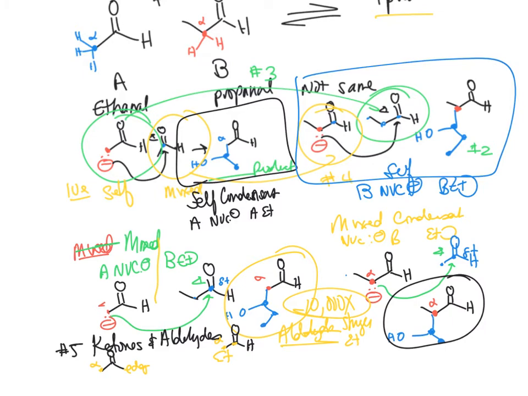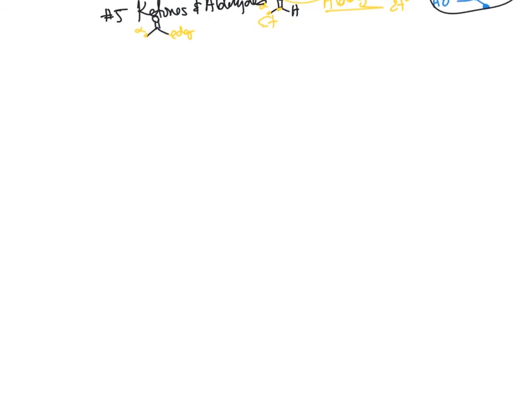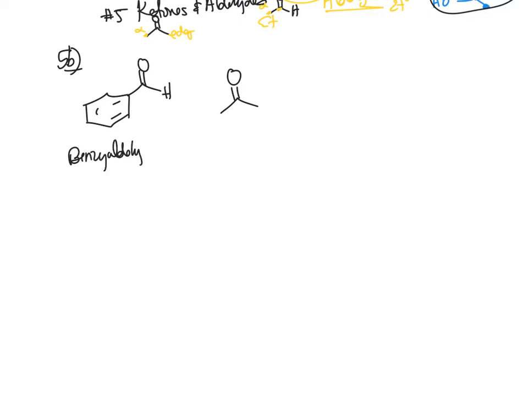So when you're designing your reaction, let's look at 5B. The following reaction, we have benzaldehyde and we have propanone. Explain why benzaldehyde cannot act as a nucleophile. Do you remember that other question from yesterday?